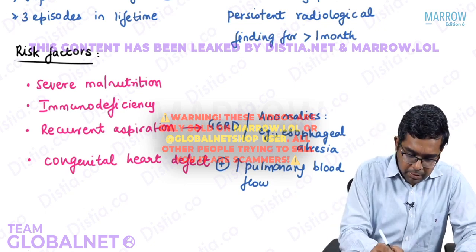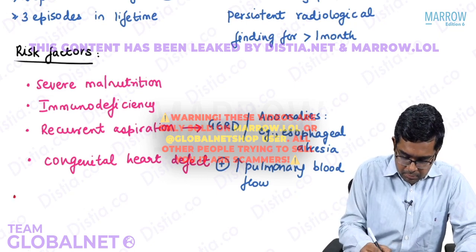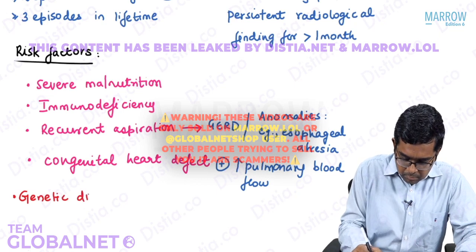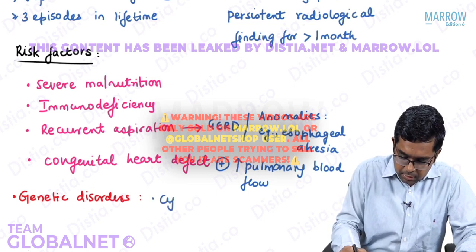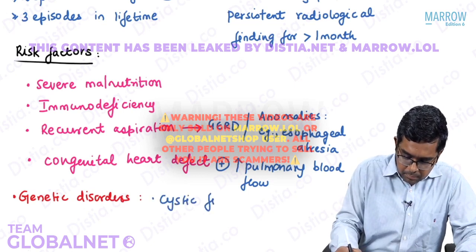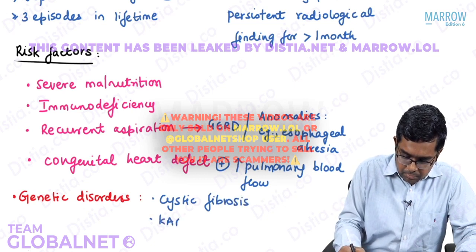And last would be some genetic disorders, which includes two important disorders. One is cystic fibrosis and the other one is Kartagener syndrome.